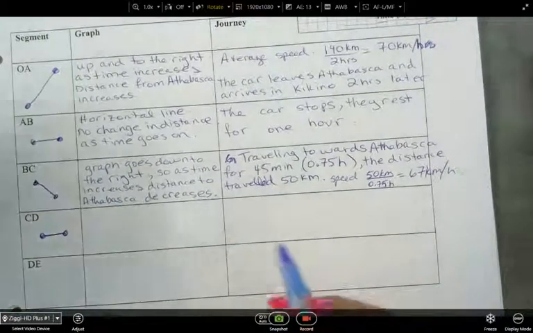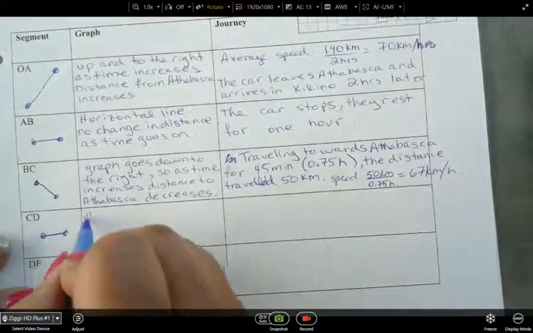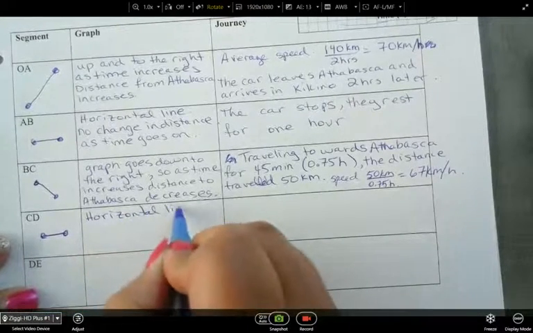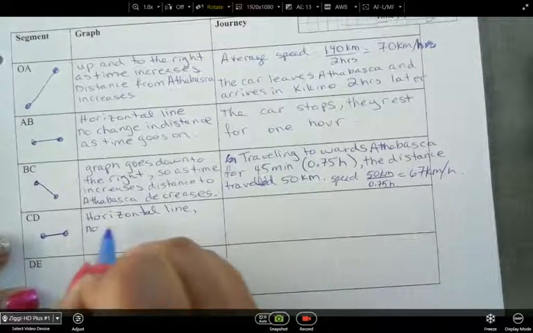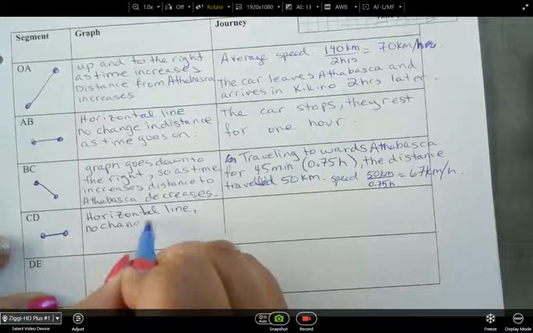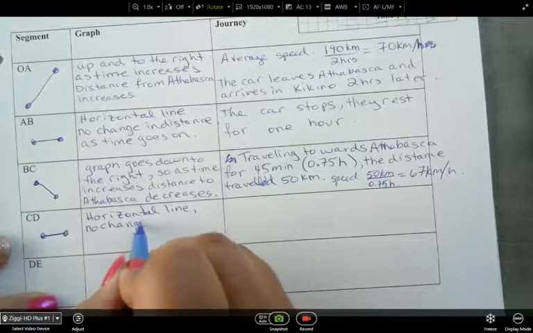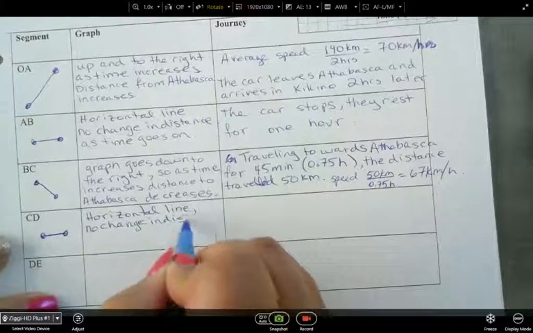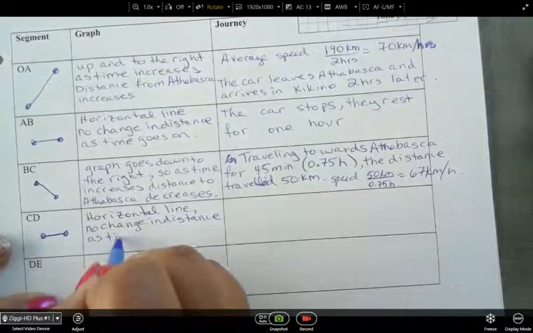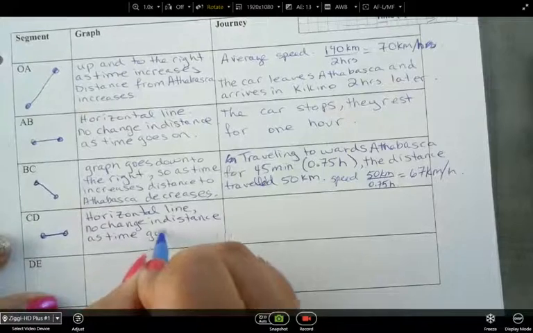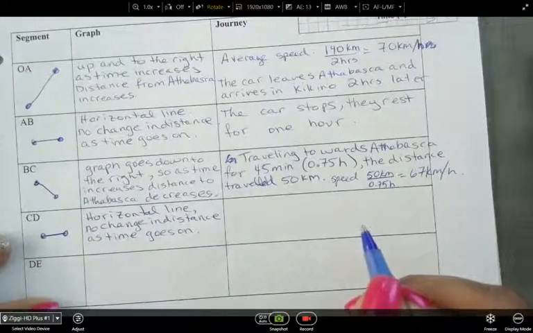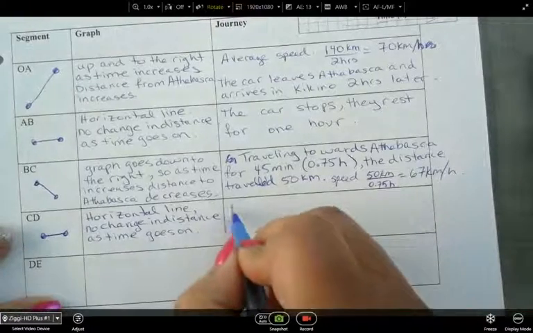Okay, so horizontal line, no change. No change in distance as time goes on. Okay. Car stopped for 45 minutes.